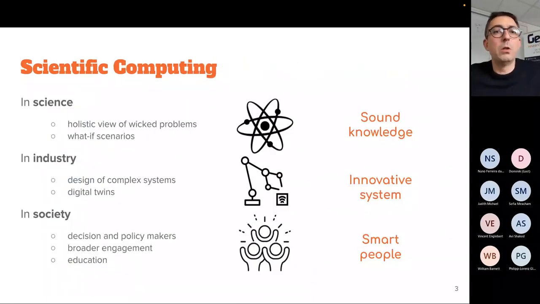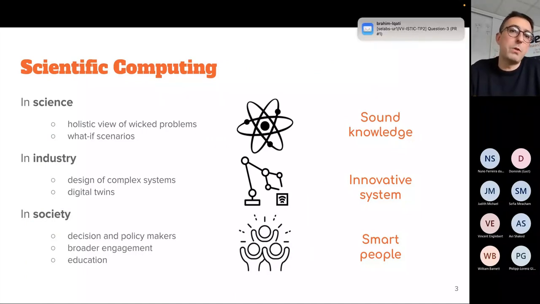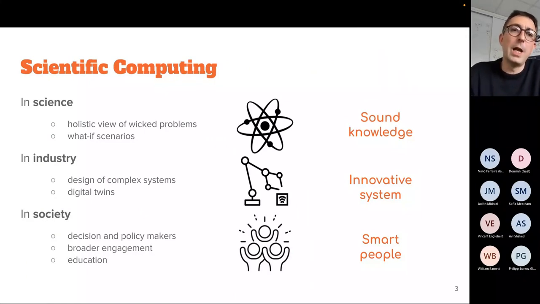So when we talk about scientific computing, of course, there is scientific computing in science, where we mostly try to have a holistic view on very complex and wicked problems. Then we run what-if scenarios, so we can ask questions, make predictions, and try to understand the natural phenomenon.